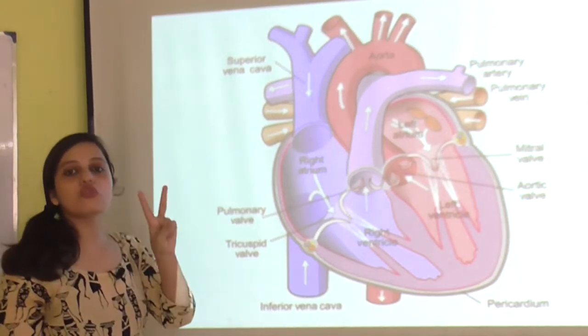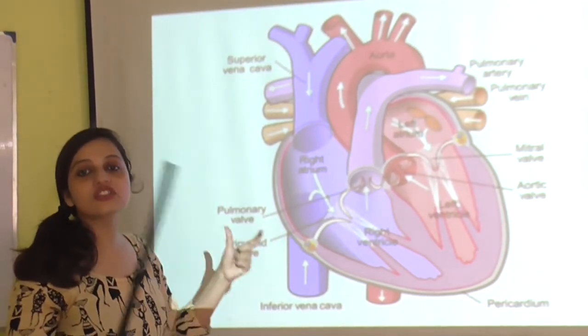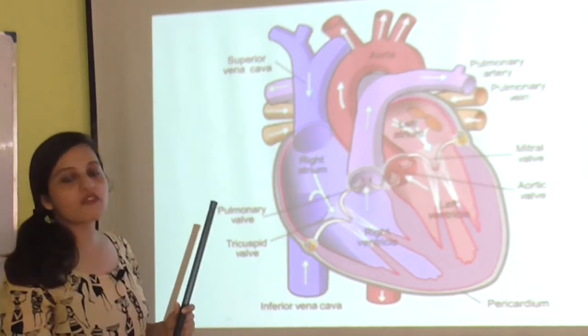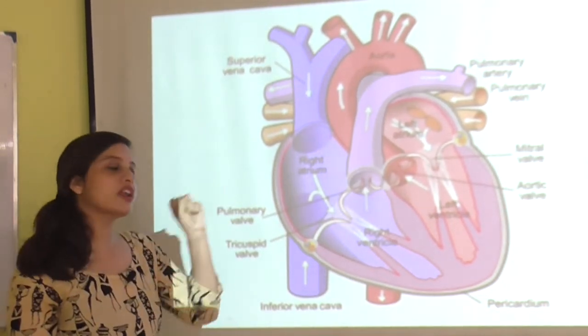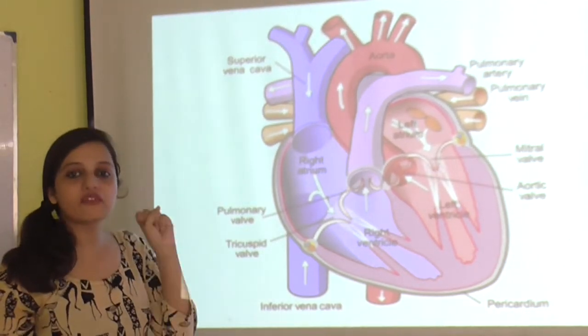So there are two big, huge veins known as the vena cava. Number 1 is the superior vena cava and number 2 is the inferior vena cava.